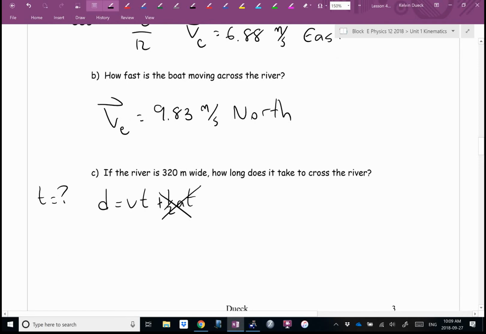Darwin, how would I get the t by itself? And the key idea, it's going to be dx and vx. Oh, no, wait a minute. The distance in my picture isn't horizontal, it's vertical. So I'm just going to make a little note. Make sure I use the vertical velocity, which is not going to be the 12.